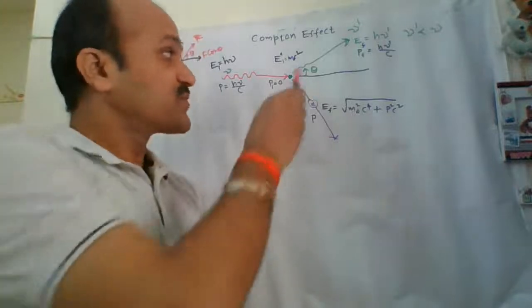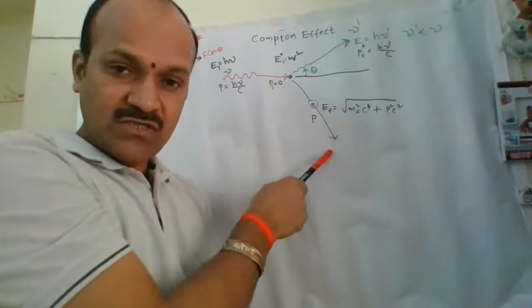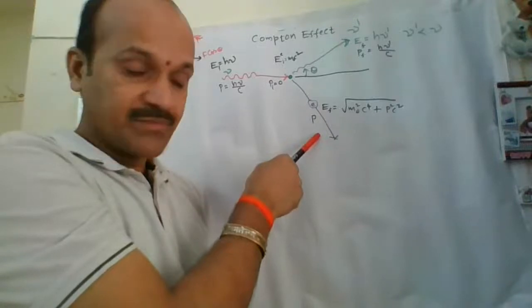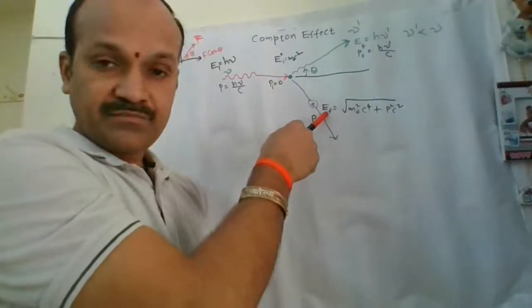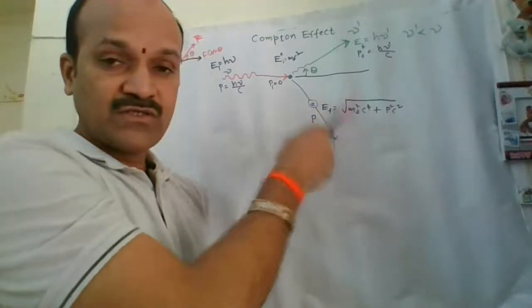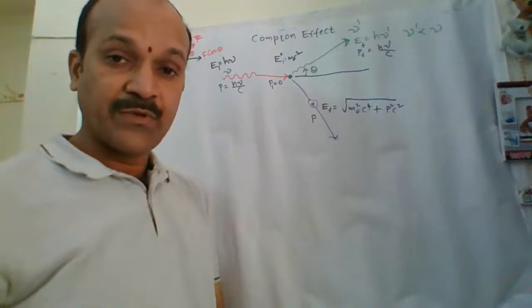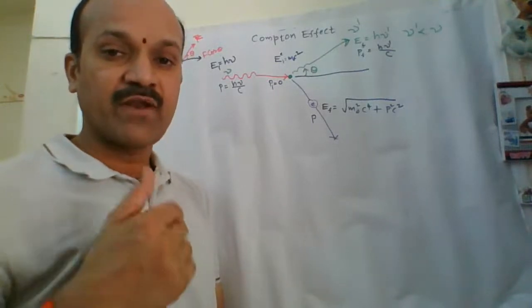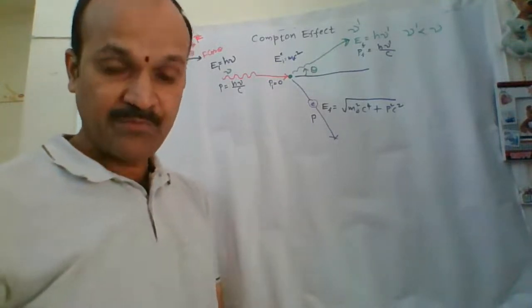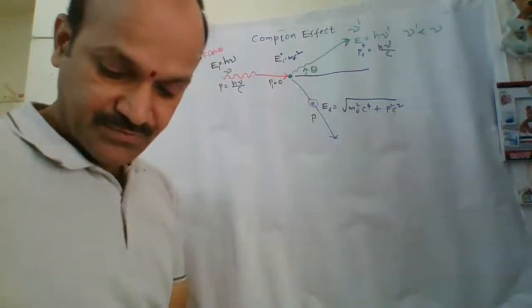After collision, the electron moves with some velocity v, so momentum becomes p, and the energy is root of m naught square c power 4 plus p square c square. Now we'll apply the law of conservation of momentum, and after that the law of conservation of energy.